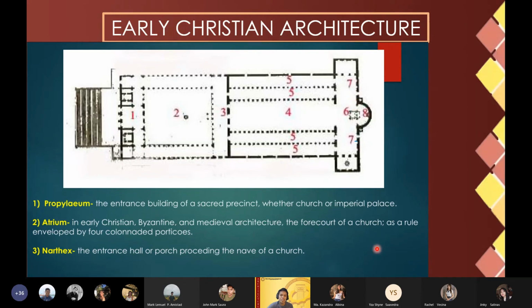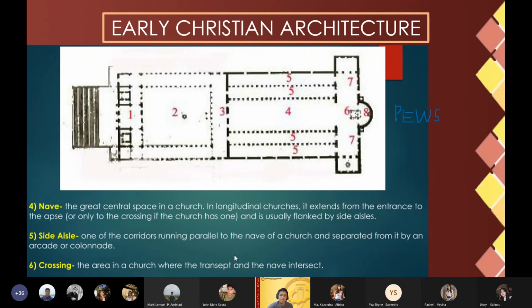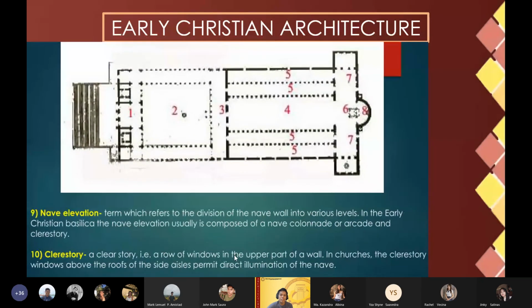Okay. Another term, we have here nave elevation, and we have number 10, clerestory. Nave elevation is a term which refers to the division of the nave wall into various levels.